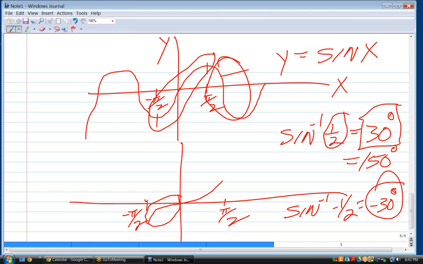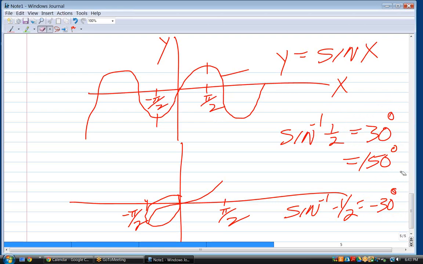Your calculator doesn't give it to you. Your calculator only gives you the principal values because of this convention that mathematicians have adopted that restricts the domain of the sine function so that you can talk about the inverse as being a function.